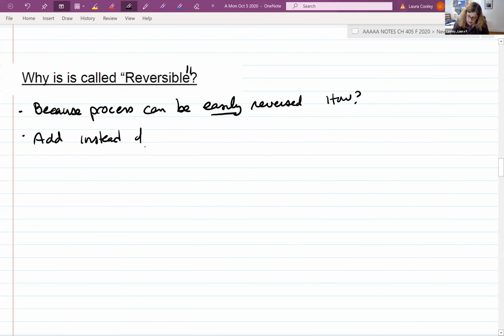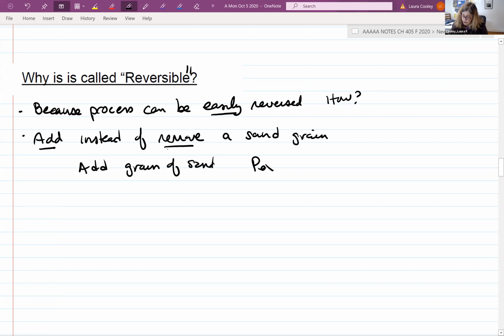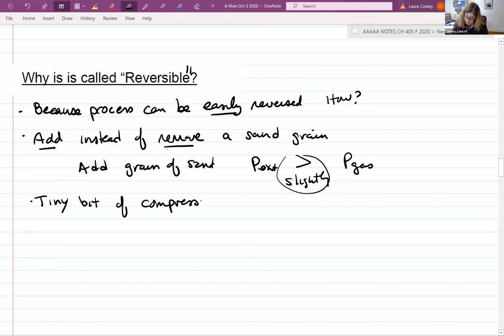If you add a sand grain, now the external pressure becomes slightly greater than the gas pressure, and so now a tiny bit of compression will happen until P gas is equal to P external.